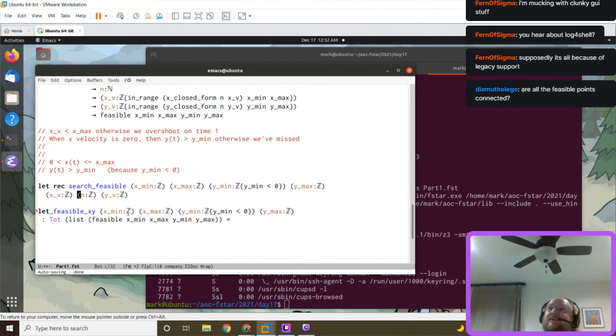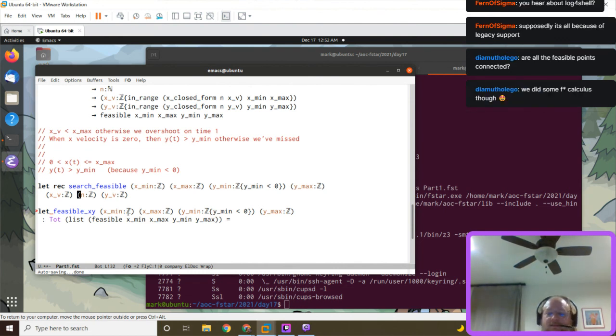Okay, so the adjustment I want to make to that is to prove that there are only finitely many points in that space we have to search through. If we could do that, then we could use that as a metric.